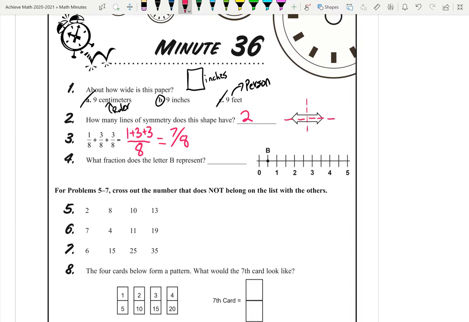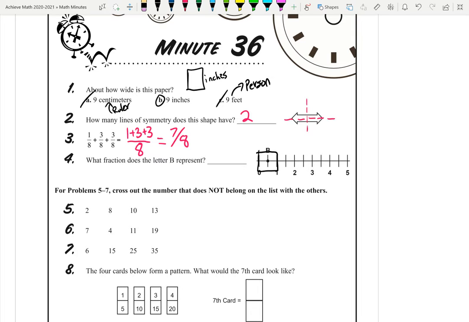Number 4, what fraction does the letter B represent? So you have to understand, with fractions, it's going to be easier to look at an area model. I go ahead and draw a rectangle around 0 and 1. The reason being is, think of this as 1 bar, 2 bars, 3 bars, 4 bars, and so on.